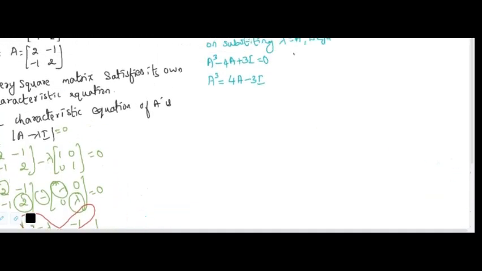So now here we have lambda square minus 4 lambda plus 3 I equals 0.